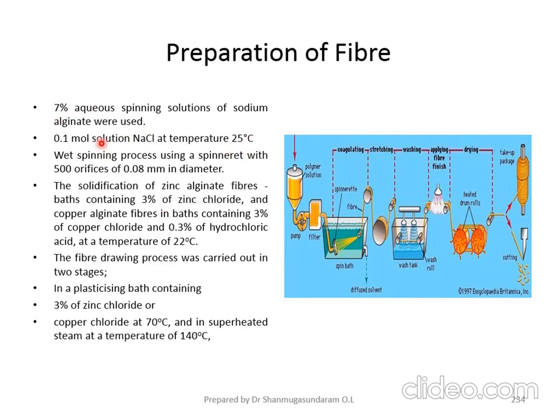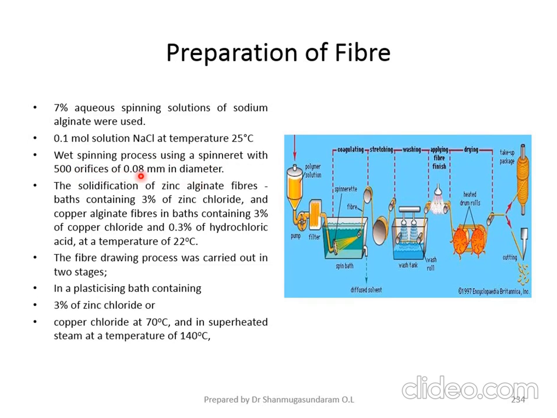So wet spinning technology has to be adopted for the production of this alginate filament, using a spinnerette with 500 orifices, that is 500 holes. Each hole is 0.08 mm in diameter.